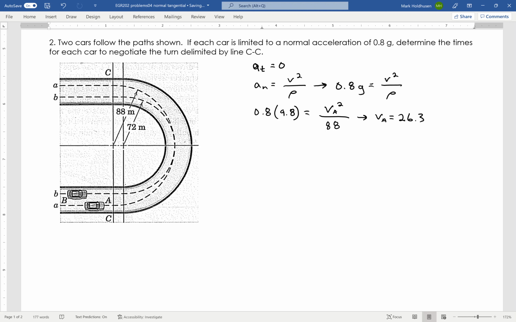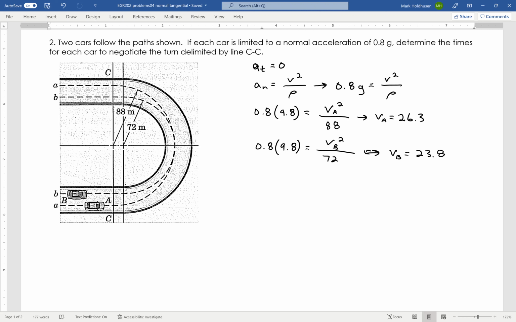Same thing for car B, same acceleration, but this time it is going around a curve that's 72 meters. So the velocity of B is a little bit less because it's a tighter curve. It can't go as fast around the curve, but of course the curve is shorter, so there's a trade-off there.